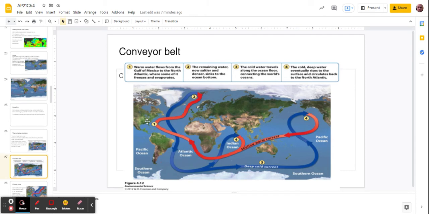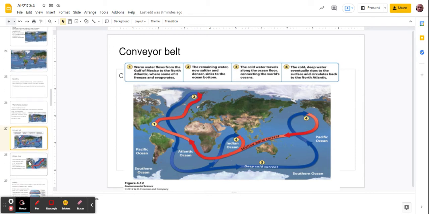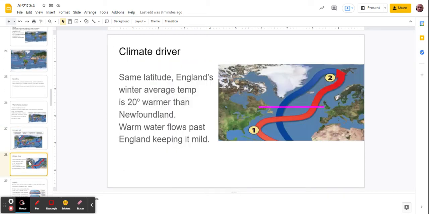So check it out. Here's where we live. If you draw a line across the map, we're equal with Spain or so. You don't think of Spain as having the same climate as we do. Let's look at this one, though. What about England, and Newfoundland.